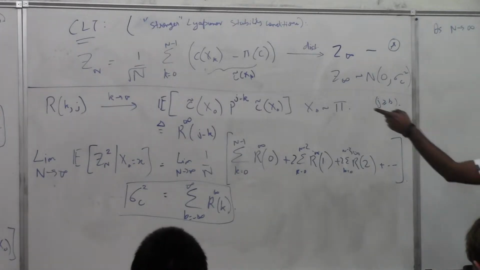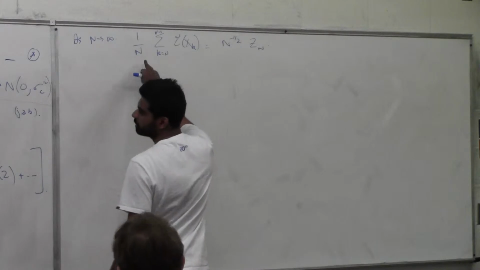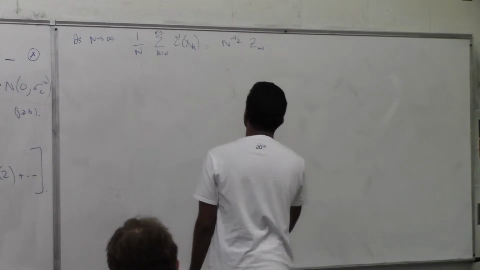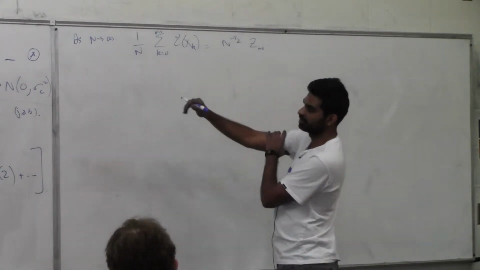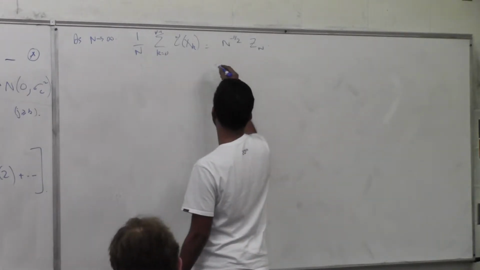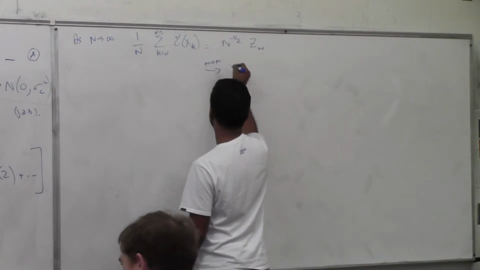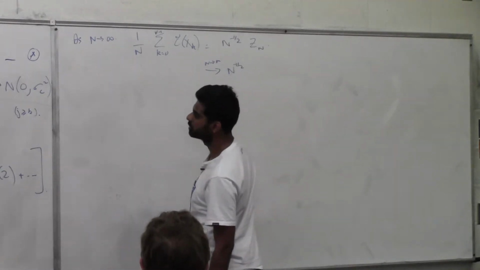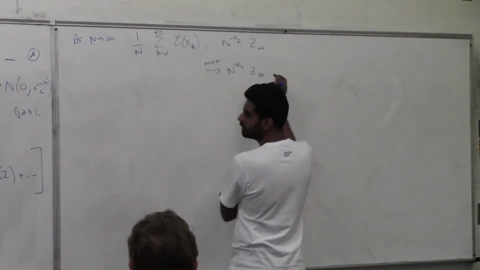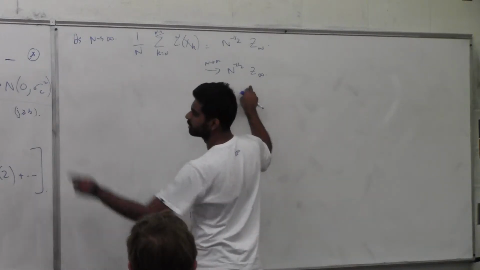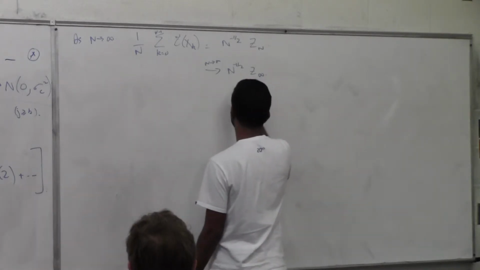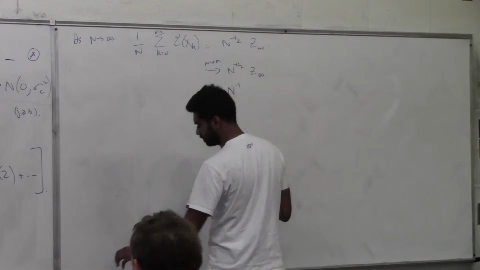So I've just substituted, like, there's a square root of n then here, and there's a n over here. So this is nothing but plugging in that over here, and what we have is, as n goes to infinity, that will converge to n power minus half times z infinity, right? And the z infinity is a Gaussian with mean 0 and variance sigma c square, and the sigma c square is given by that over there. Okay, that's it.